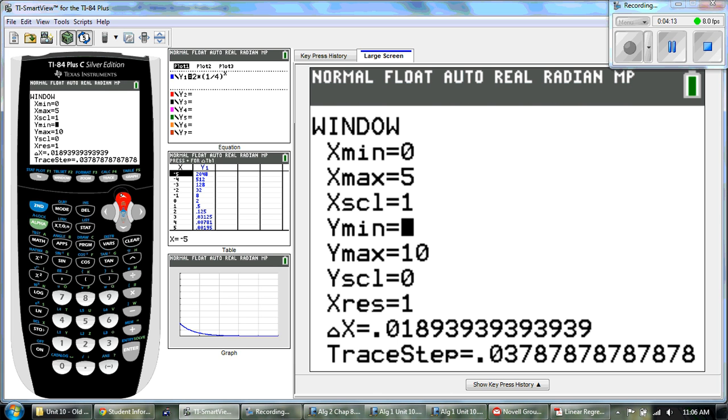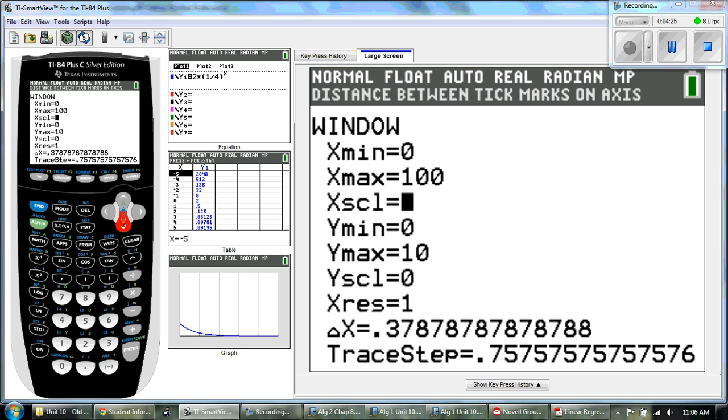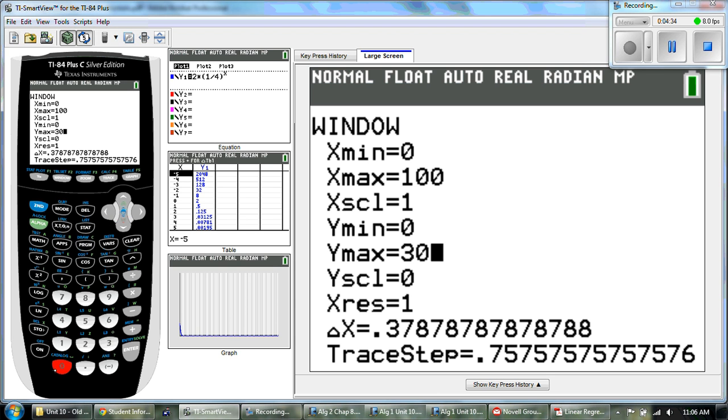And now we need to come in here. Our x-max should be a little bit higher than our highest number. Our highest number was 90, so I want to go a little bit higher than that, so I'm going to go 100. My y-max, the highest y value I see is 26. I want to go a little bit further than that, so I'm just going to go 30.